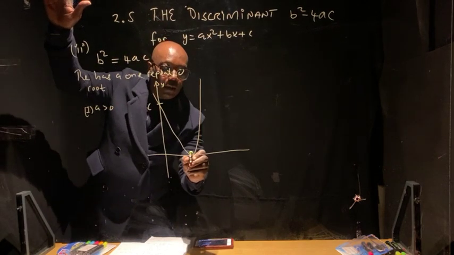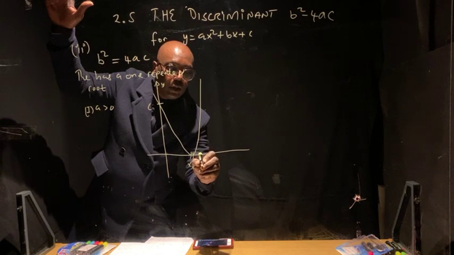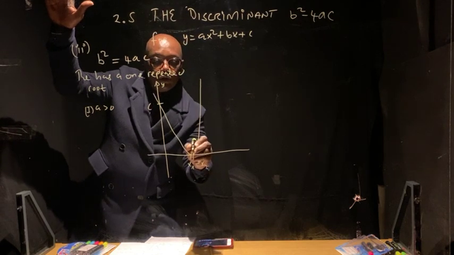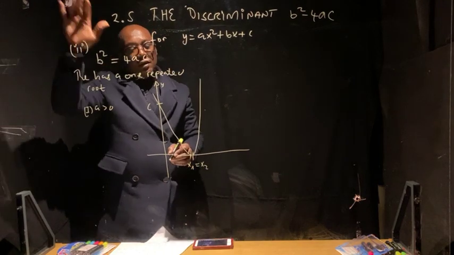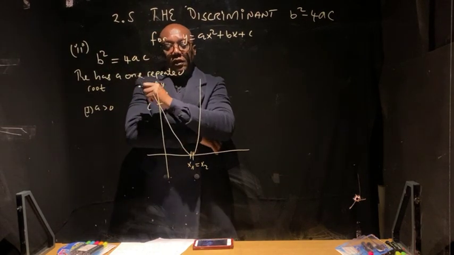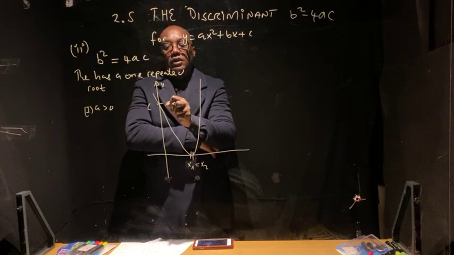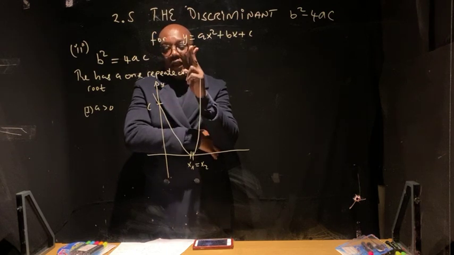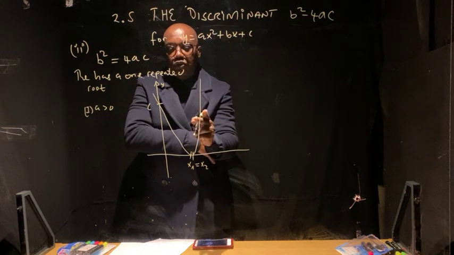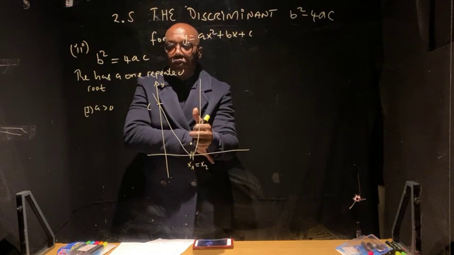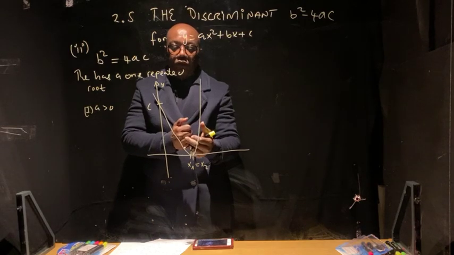Here, x1 is equal to x2. The curve touches the x-axis 2 times, which means it has a double root, or we can say one repeated root.